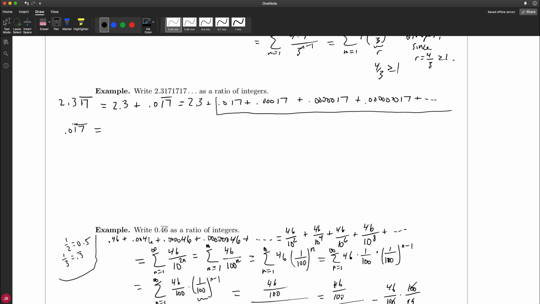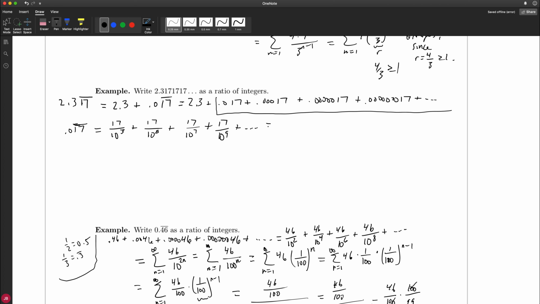I mean, I have it right here, but you'll notice that that is 17 over 10 cubed, I think, plus 17 over 10 to the, what do you think, 5 maybe, right? Plus 17 over 10 to the 7 probably. The next one would be 17 over 10 to the 9, and so on and so forth.